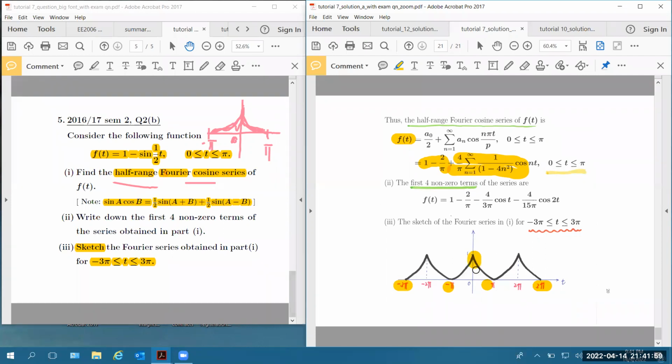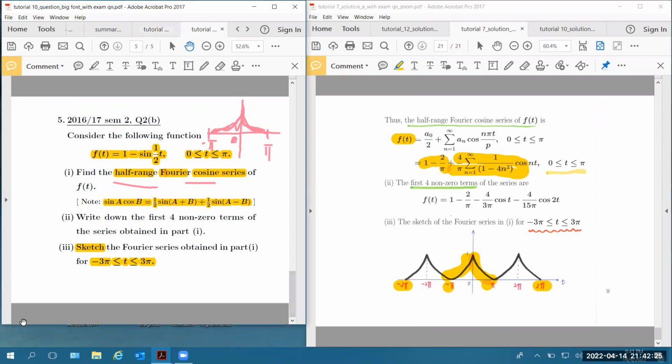Initially we only have this part here, so we make it even, then it becomes like that. Because this thing is periodic, you assume periodic, that's why you can draw a few patterns here. Okay, so this one is done.